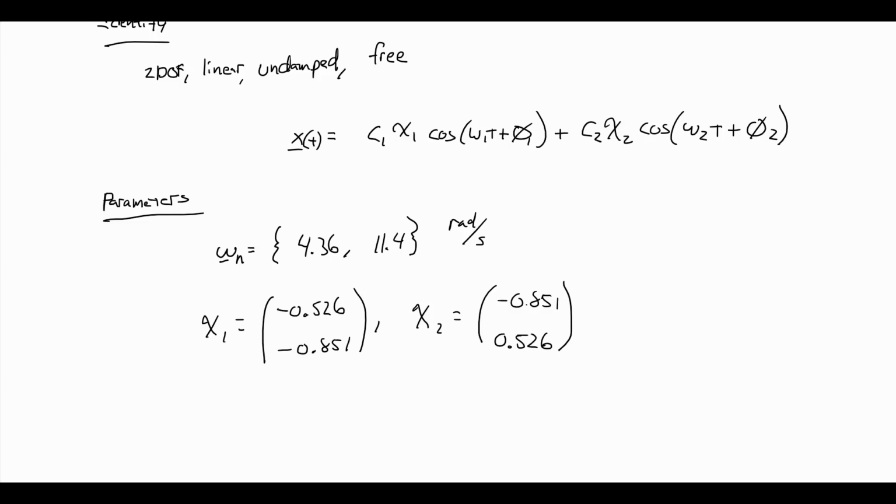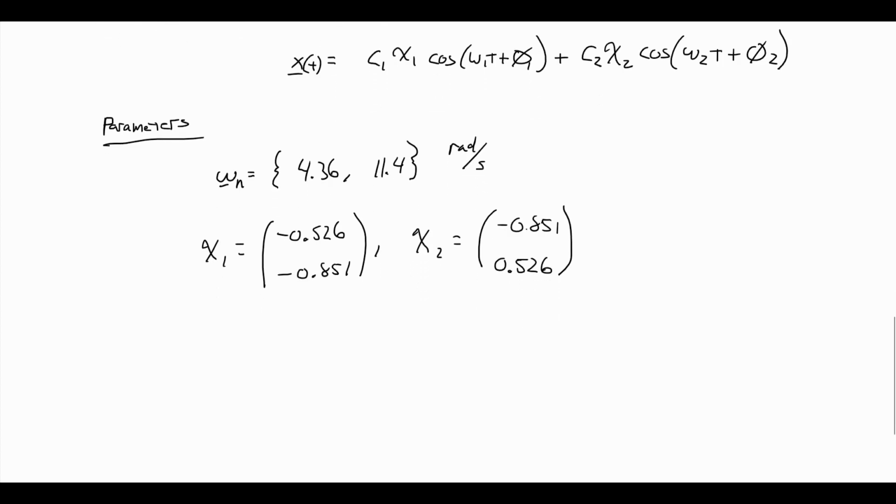The scale won't matter as long as I maintain the same eigenvectors as I solve for my initial conditions. Notice Chi1 has a negative and a negative. I can multiply this by negative 1, top and bottom, and get 0.526 and 0.851, and that'll be fine. All it's going to do is reverse the sign on the C1 I'm going to find. So I can just use them as is, and I don't have to really worry about that.